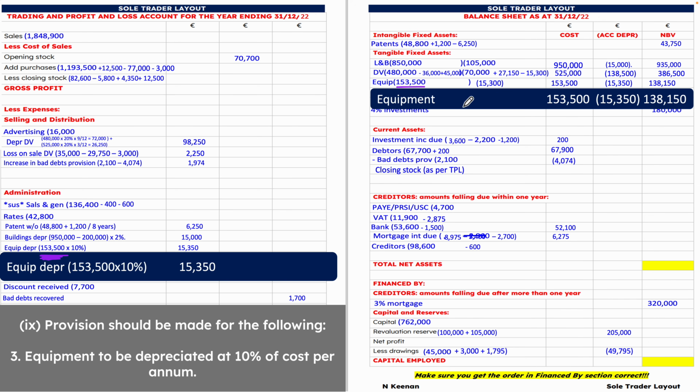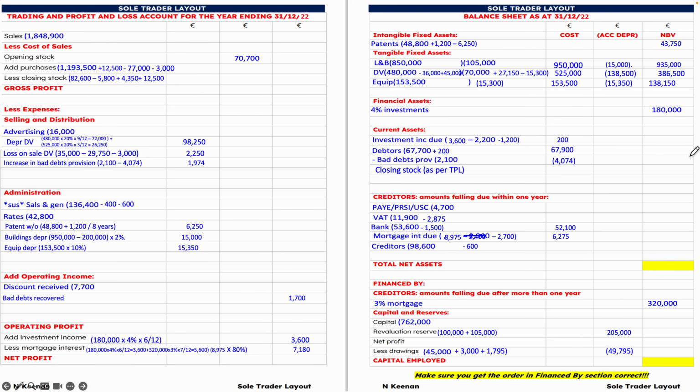Then in our balance sheet we have equipment at cost of 153,500, and we take away the depreciation. The only depreciation is from this year, as there was no accumulated depreciation in the trial balance. That gives us a net book value of 138,150.